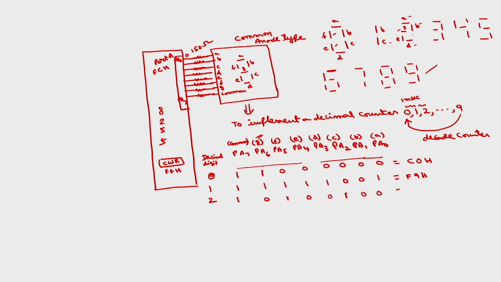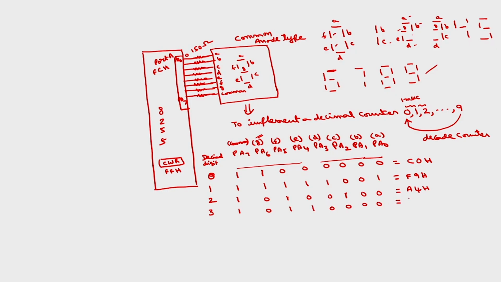So what will be the code? 1010 is A, 0100 is 4, so A4H. Similarly, corresponding to 3, what is the code? This will be 1 always. 3 means I want only A, B, C, D, G. So A, B, C, D, G should be 0, F is 1, E is also 1, and the remaining 4 are zeros.